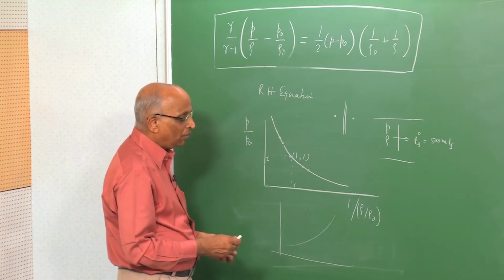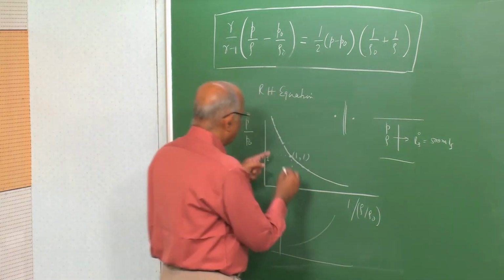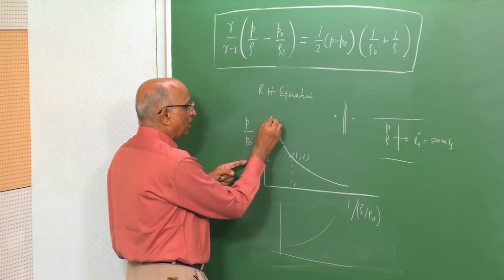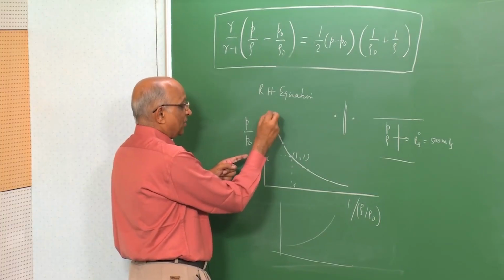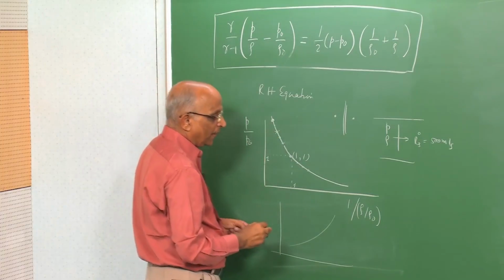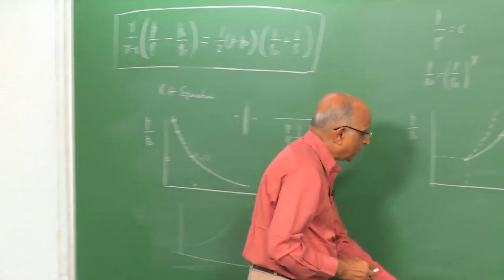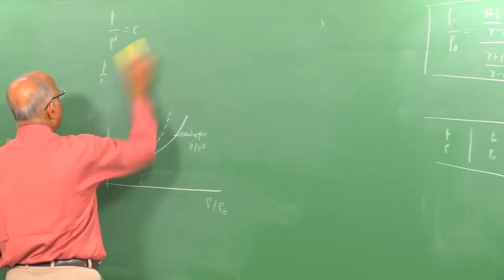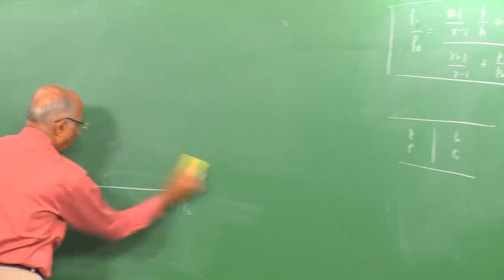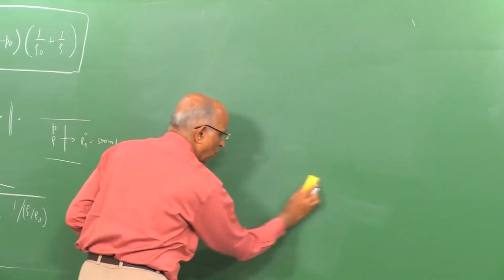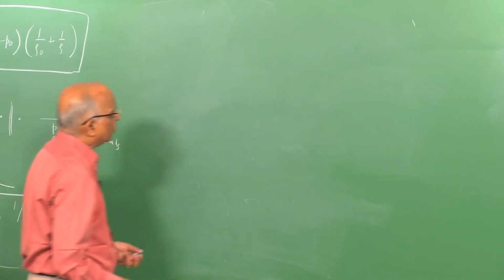Let us see how to define a velocity such that if the velocity is here, it is over here, and if the velocity is, say, 600 meters per second, it is over here. So the second part is, let us take a look at velocities and how to represent them on the plot of P by P 0 versus 1 over rho by rho 0.